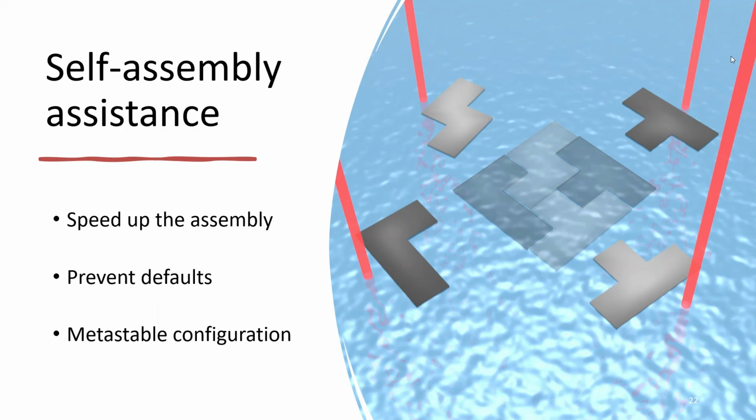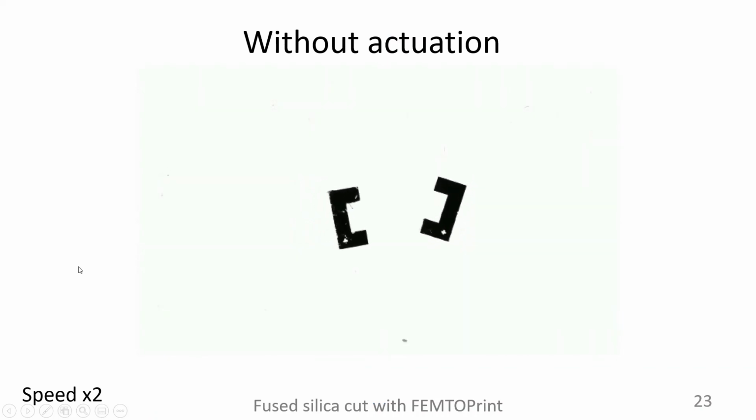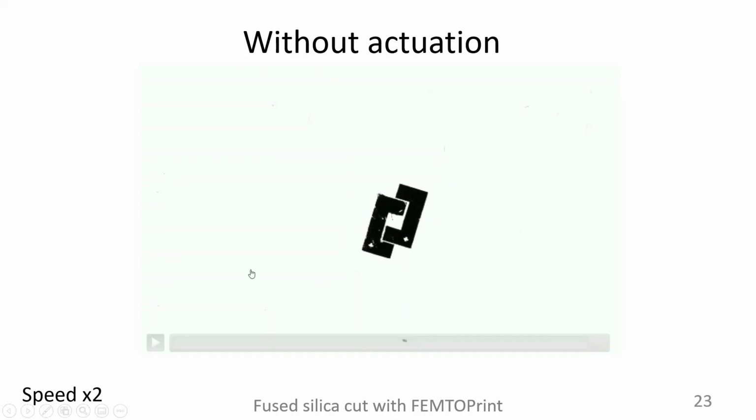And we can use the laser to speed up the assembly, prevent defects, or drive the assembly to a desired configuration that might not be the most preferred one. So, for example, here we see that without actuation, if we place these 2 C-shaped particles, they assemble in this configuration that in principle is the preferred one, the one that minimizes the surface energy.